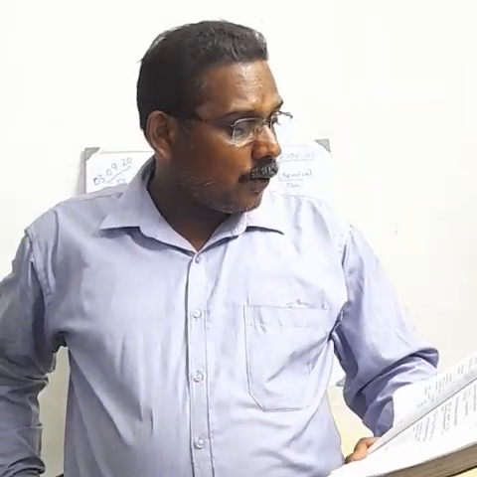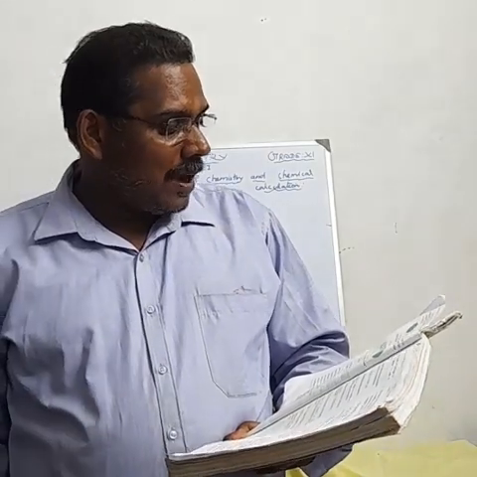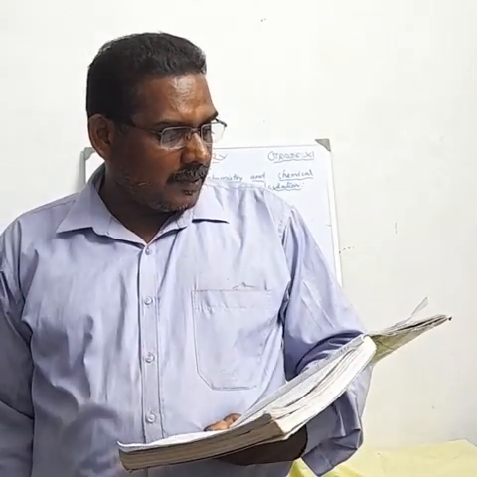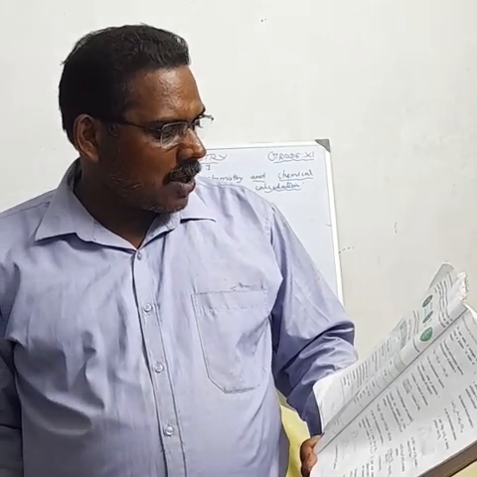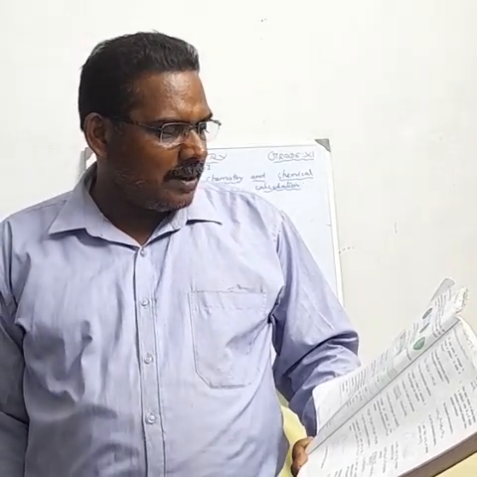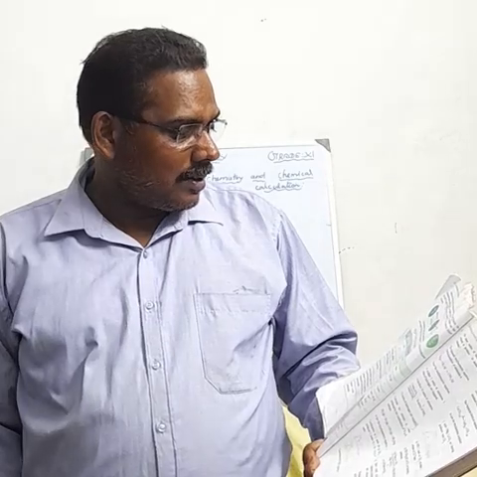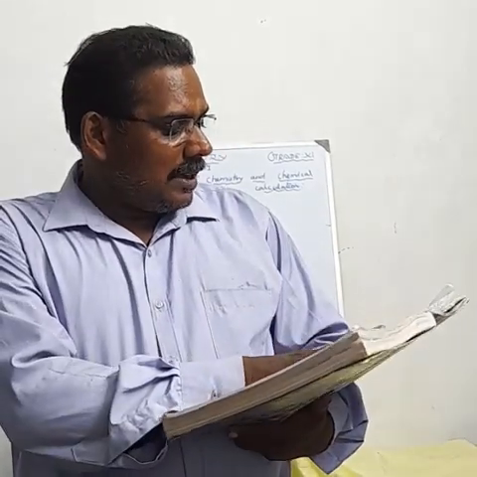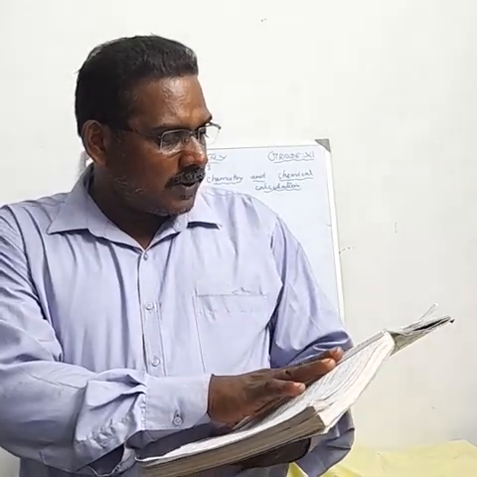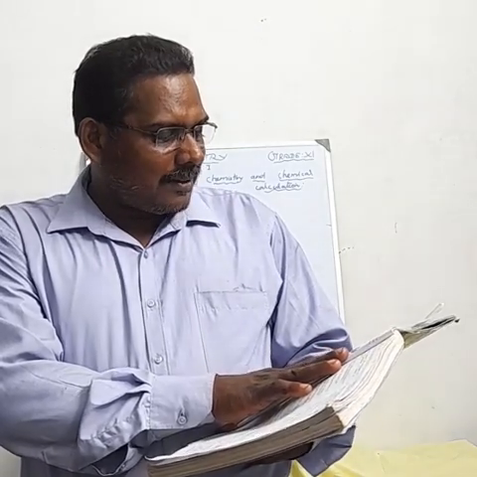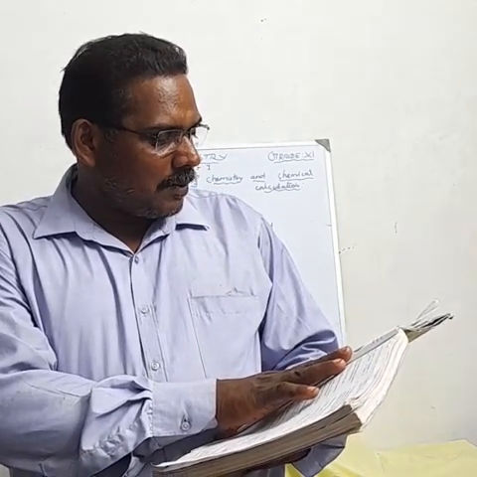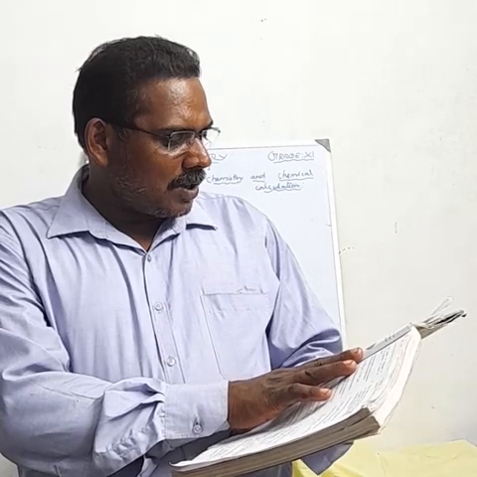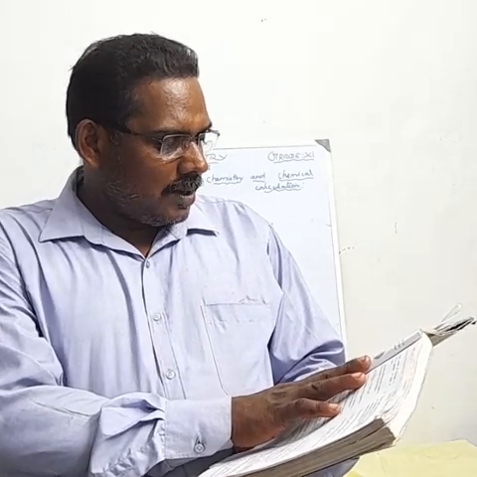And next, page number 40, how you calculate the stoichiometry. For that, a full page: stoichiometry is the quantitative relationship between reactants and products in a balanced chemical equation in moles. The quantity of reactants and products can be expressed in moles, mass, or volume.